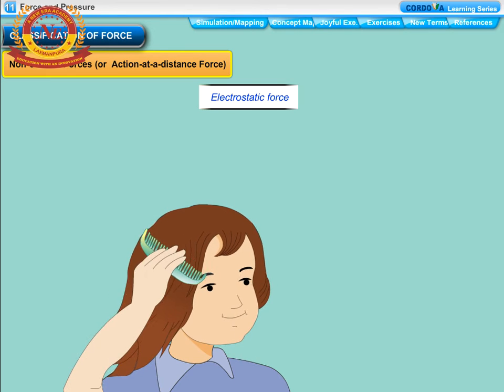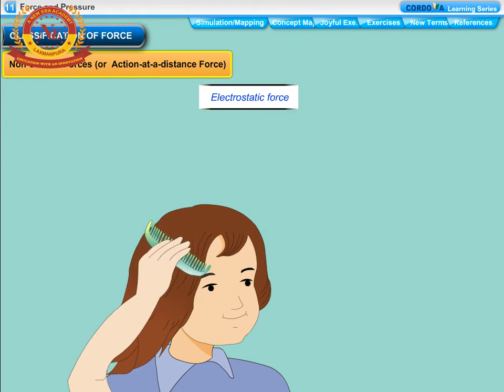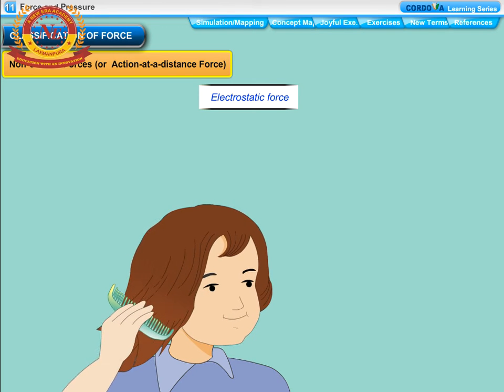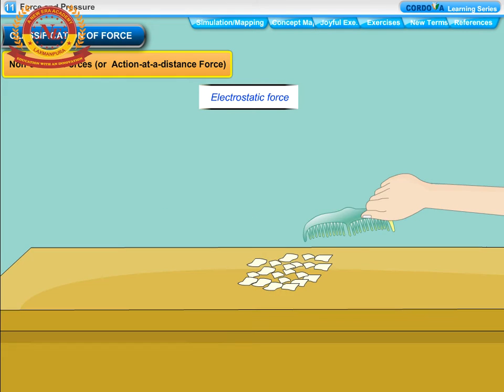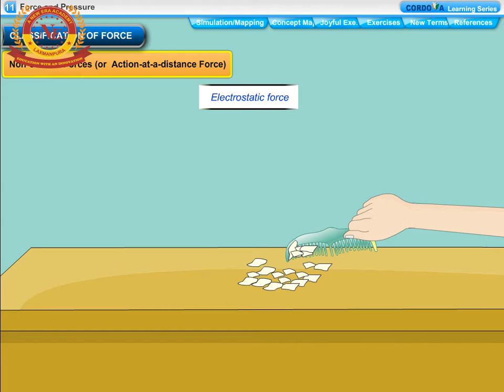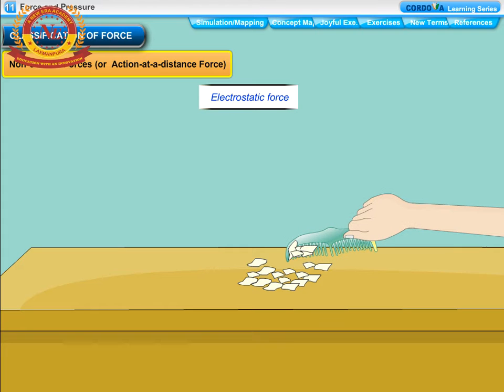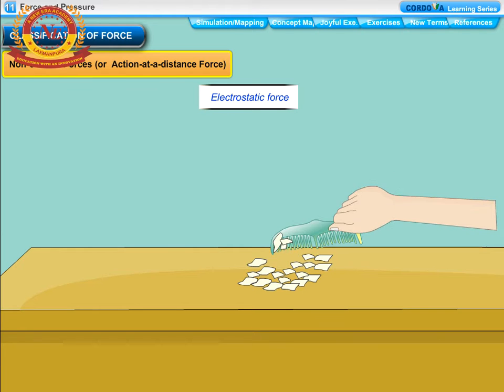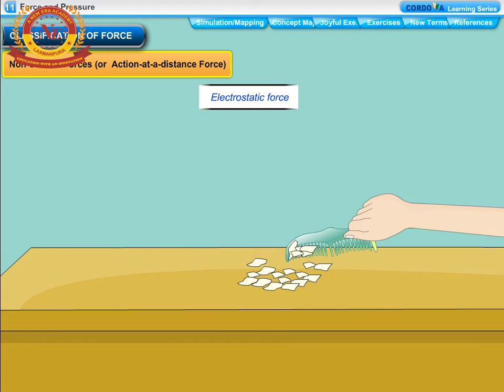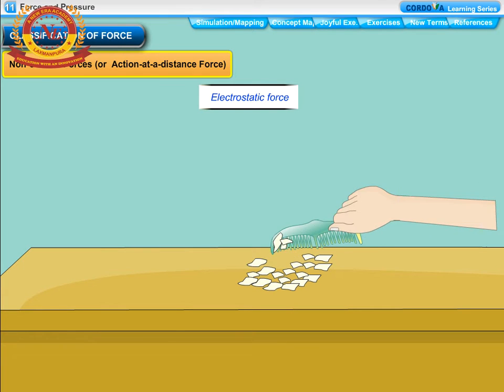The force exerted by a charged body on another charged or uncharged body is known as electrostatic force. Tiny pieces of paper were attracted by the charged comb. It indicated that electrostatic force comes into play even when the bodies are not in contact. The electrostatic force, therefore, is another example of non-contact force.